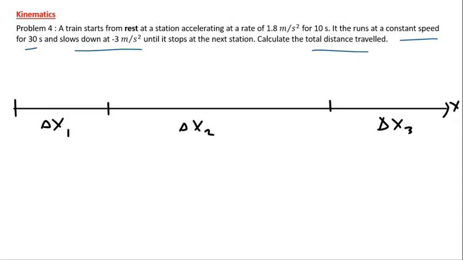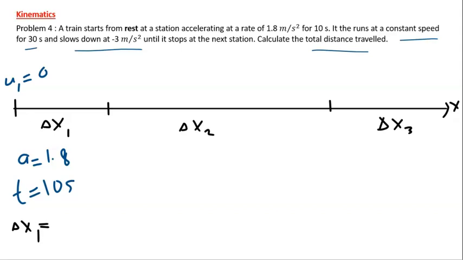The first segment is, it starts from rest, so u1 is 0, the initial speed is 0. The acceleration here for this first segment is 1.8 meters per second squared, and it takes 10 seconds to cover that distance. So delta x1 can be determined by the first equation of kinematics, which is half a t squared plus u1 t.